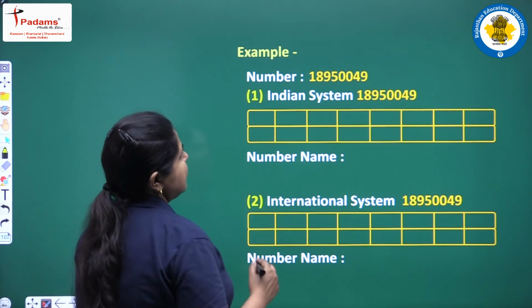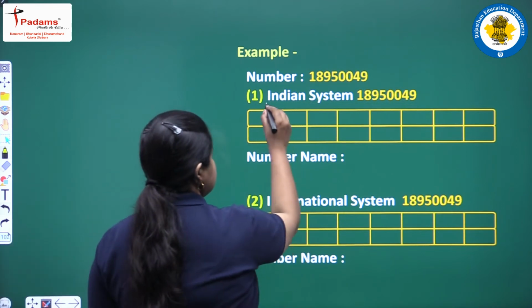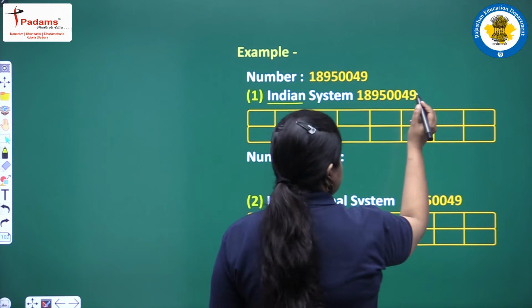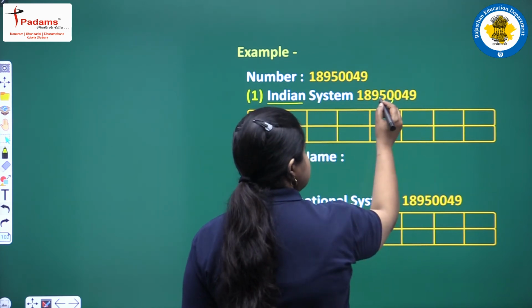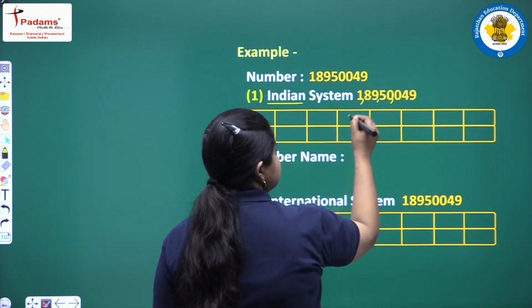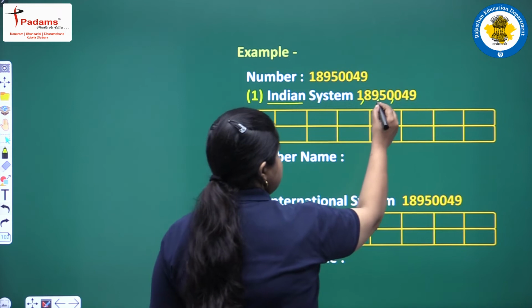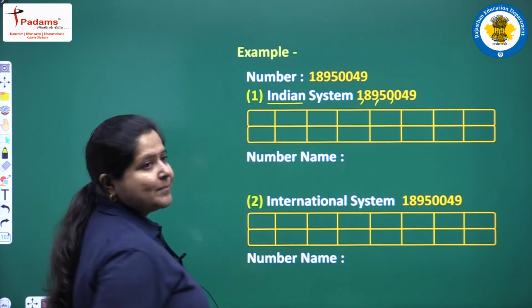We have this number. First we will mark up the commas according to Indian system. Ones, tens, hundreds, the first comma, thousand, 10,000, the second comma, lakh, 10 lakh, the third comma. So, we are having here 3 different commas at the places mentioned.